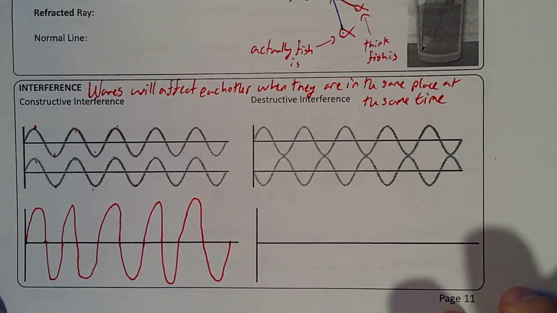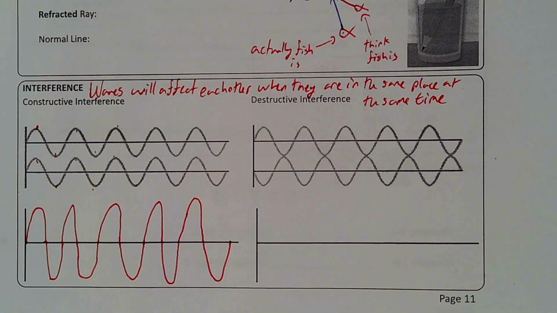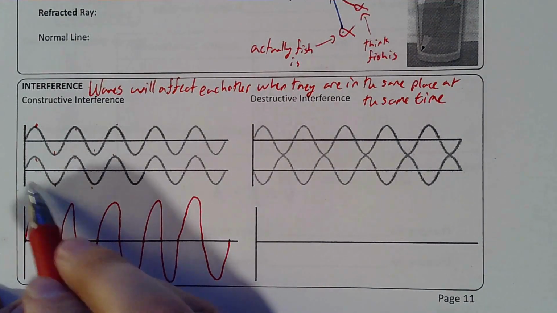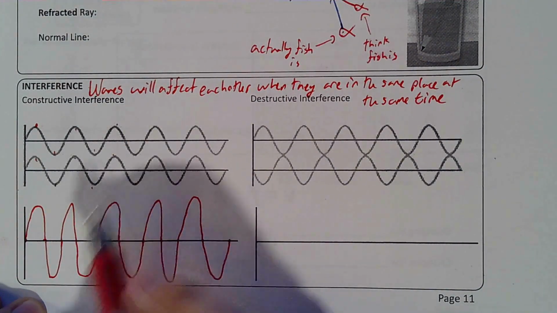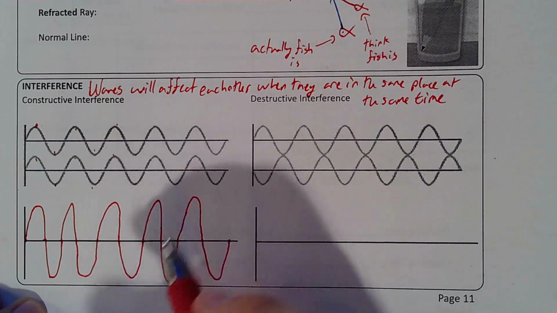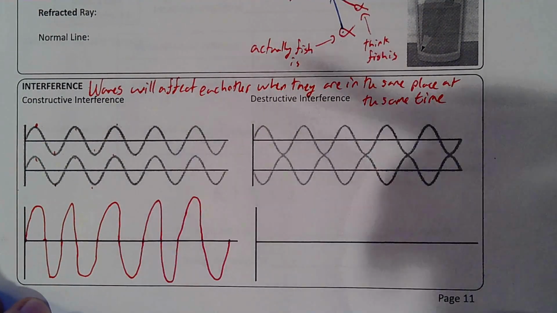So whenever waves are in the same place at the same time, that is when you can say they are interfering with each other. So when this wave here is in the same place as this wave here, they will build on each other. They will constructively interfere, making something bigger than either of them.